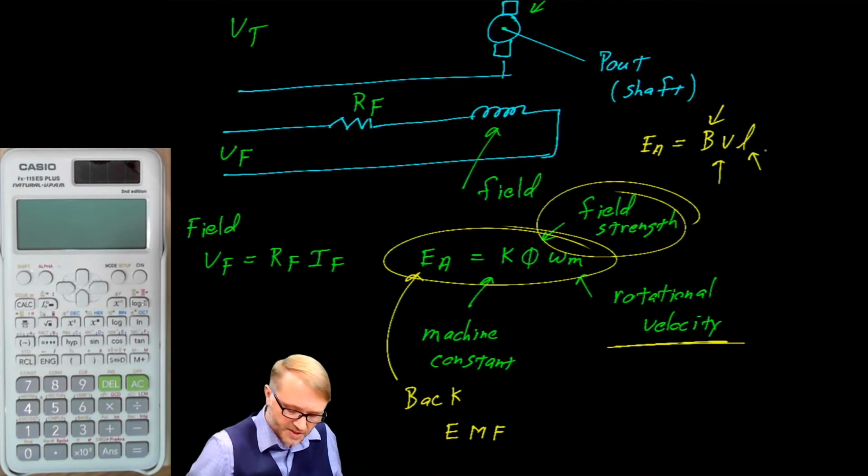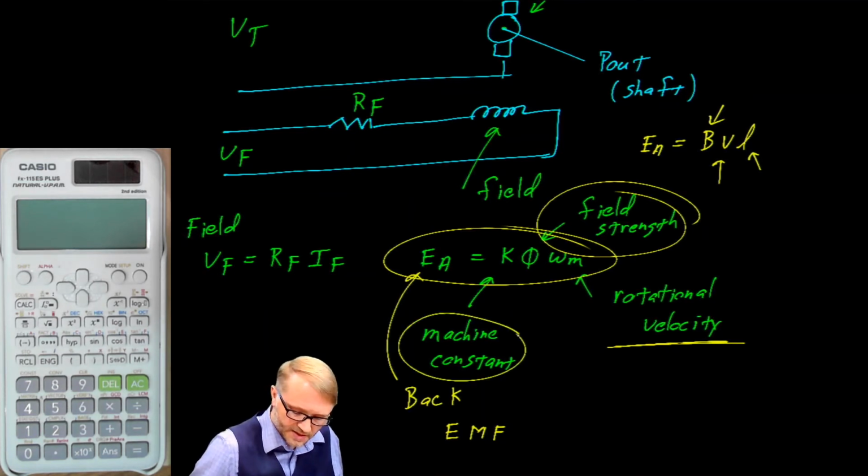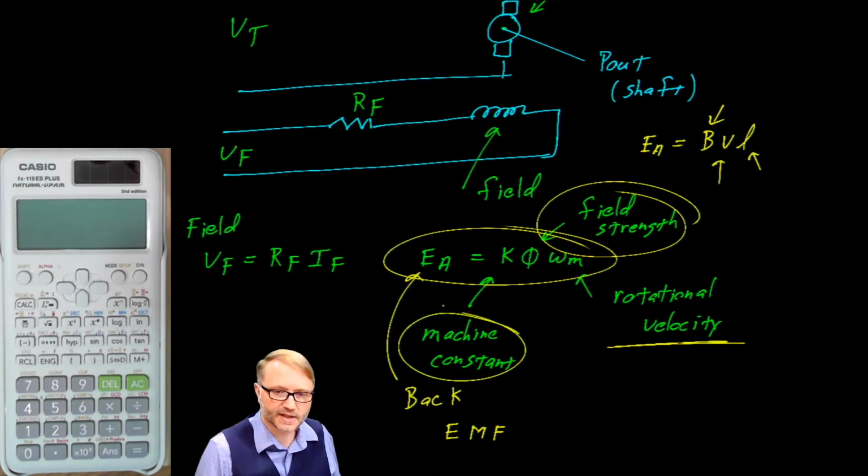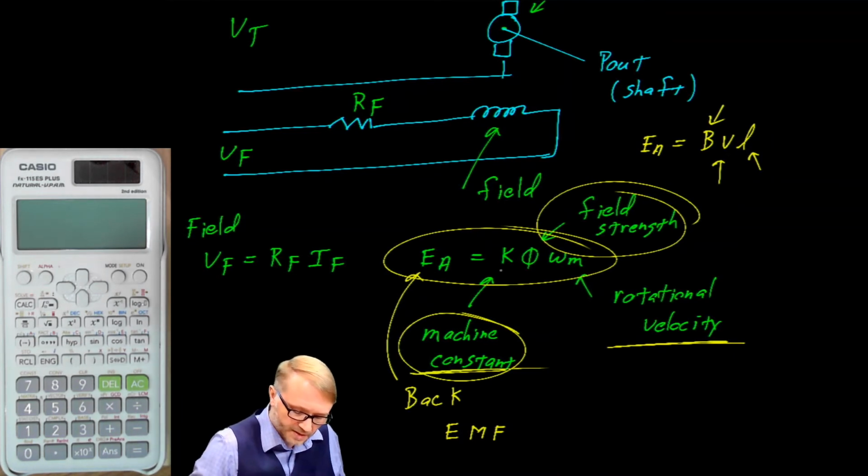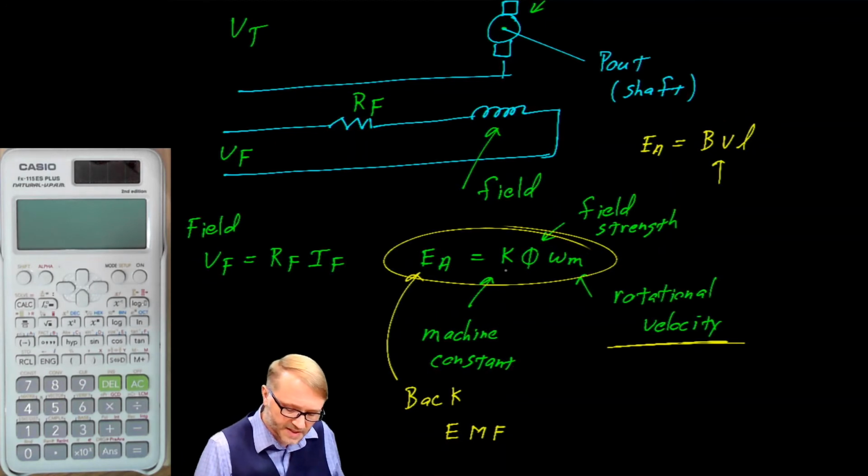And length is just one of the things that we talk about when we talk about a machine constant. It's how physically large is the machine? How many coils of wire does it have? How are the wires connected together internally? Those are all things that go into the machine constant. Again, K, phi, omega, it's the machine constant, the field strength, and then the rotational velocity.